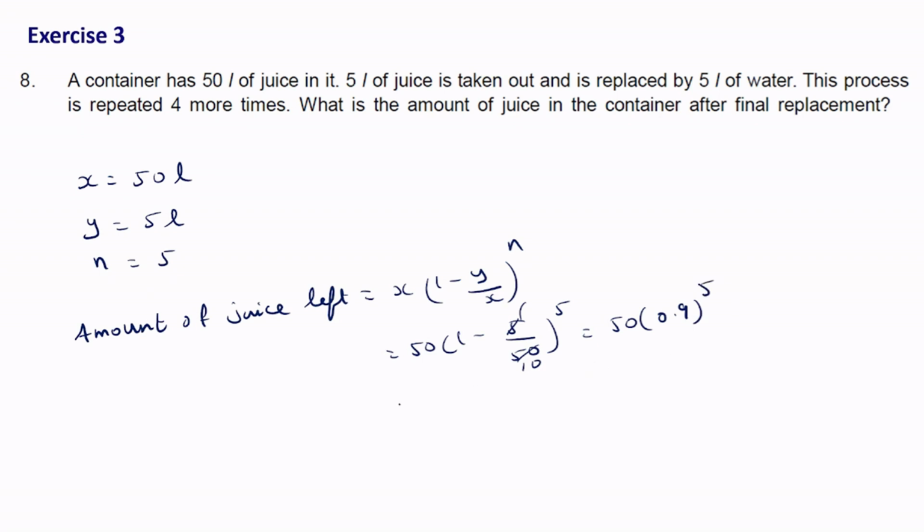We can either use log tables, or if the value is given in the question, we can use it. So the value is 50 into 0.5905. So this is 29.525, or it is approximately equal to 29.5 liters.